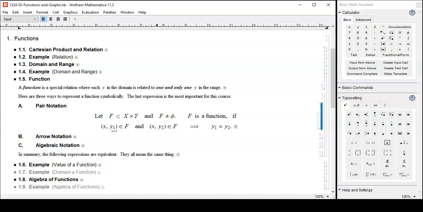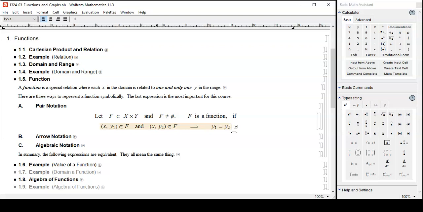If (x, y1) belongs to this function, and (x, y2) belongs to this function, then y1 and y2 are the same. That's a little bit formal, but it's a rigorous way to write down that each x in the domain is related to one and only one y value in the range.